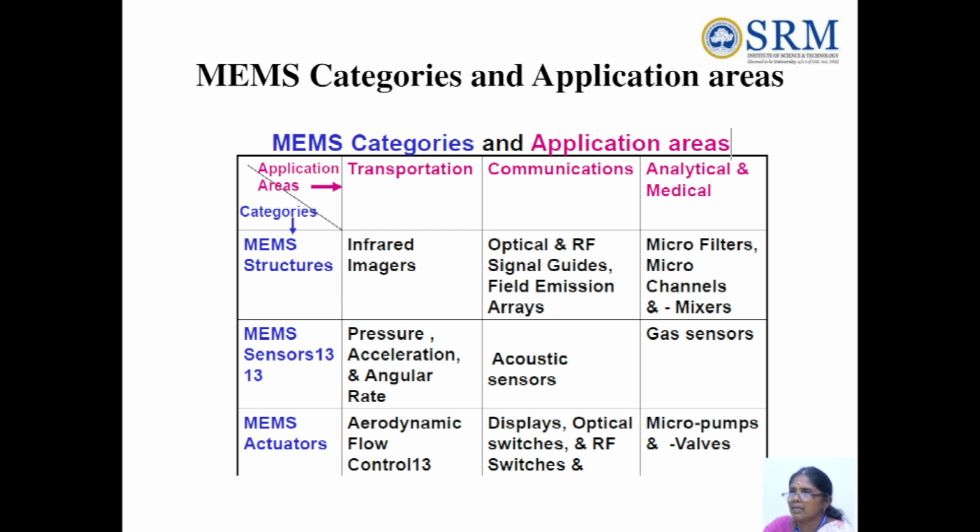MEMS sensors in the transportation field measure pressure, acceleration, angular rate. On the communication side, acoustic sensors are used. MEMS actuators in the transportation side are used for aerodynamic flow control. On the communication side, displays, optical switches, RF switches. The analytical and medical side uses micropumps and valves.